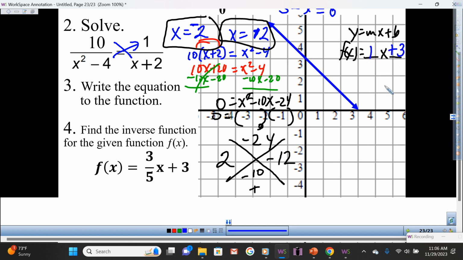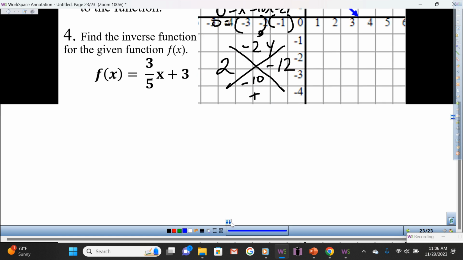Hands up if you got that. Very close. She's just missing something. Tell your neighbor what she's missing. Notice that the line is going in which direction? Down, so it's a negative. Yes, -1x plus 3.